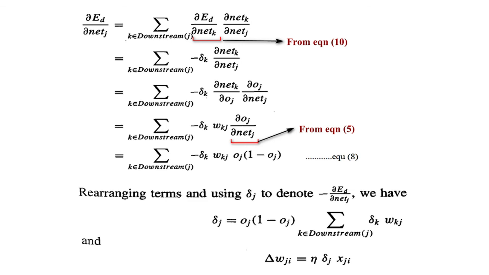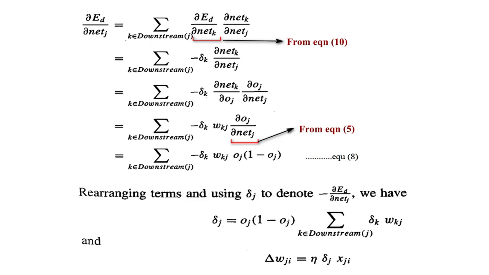That equals the summation over k belonging to Downstream(j) of δ_k multiplied by w_kj into o_j (1 minus o_j). This we call equation 8.